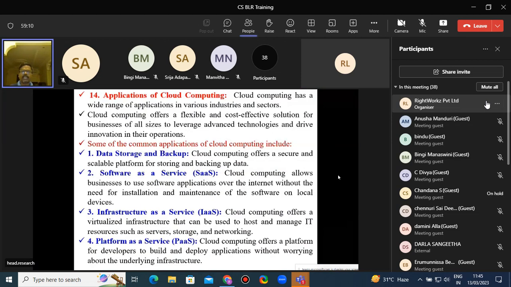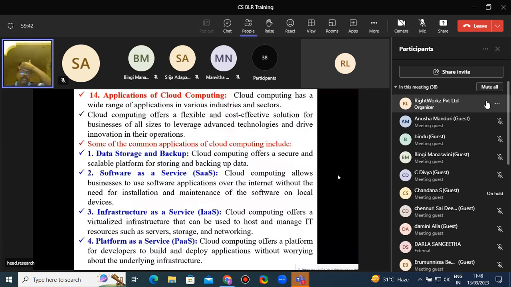It offers a flexible and cost-effective solution for businesses of all sizes to leverage advanced technologies and drive innovation in their operations. Some of the common applications of cloud computing include data storage and backup, that is, it offers a secure and scalable platform for storing and backing up data.